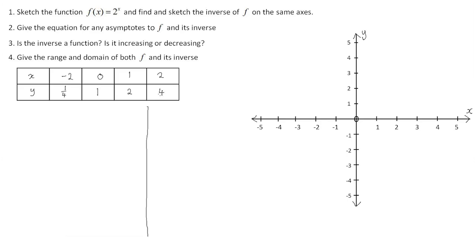Right. Okay. So let's quickly look at sketching that function. So we say if x is -2, then y will be 1/4. Well, I think that would be 1/4 right there. And then if x is 0, then it will be 1.